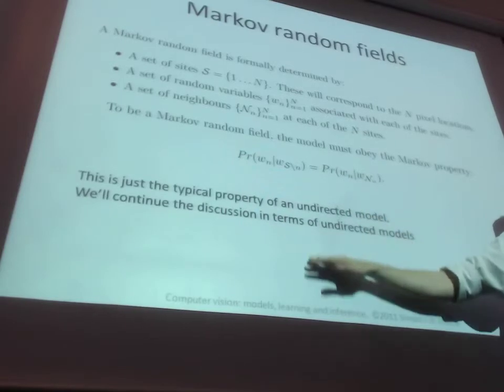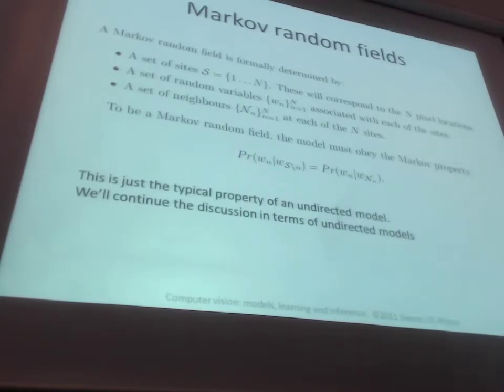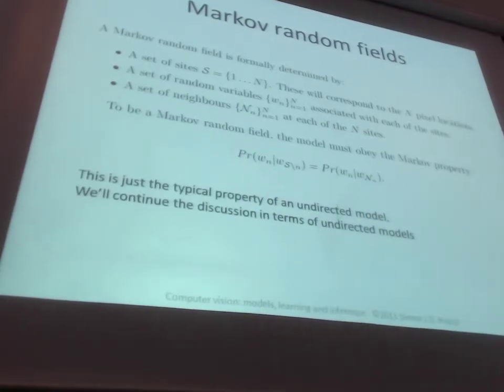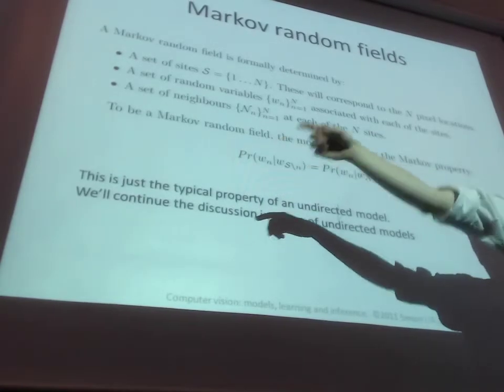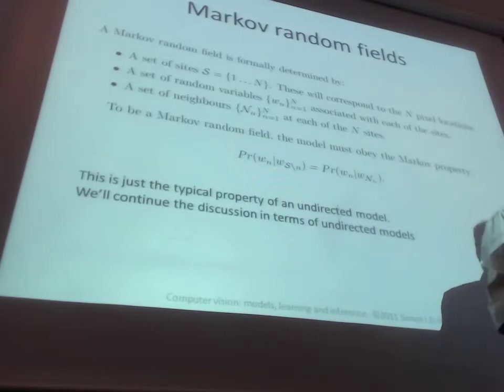And we can't proceed because it's not a Markovian relationship. We don't have this conditional independence where a given pixel only needs to know what its first order neighbors are doing in order to come up with its final estimate. It actually needs to know what its more distant neighbors are doing. It's not Markovian because the Markovian one is always about this conditional independence. If you have the neighborhood, that's your Markov blanket, and that's all you need.